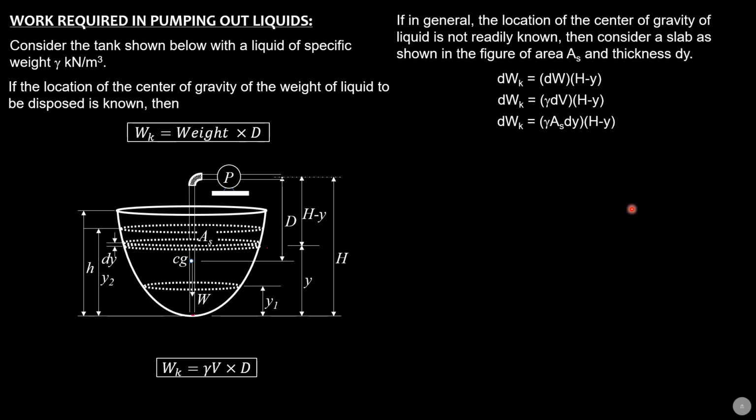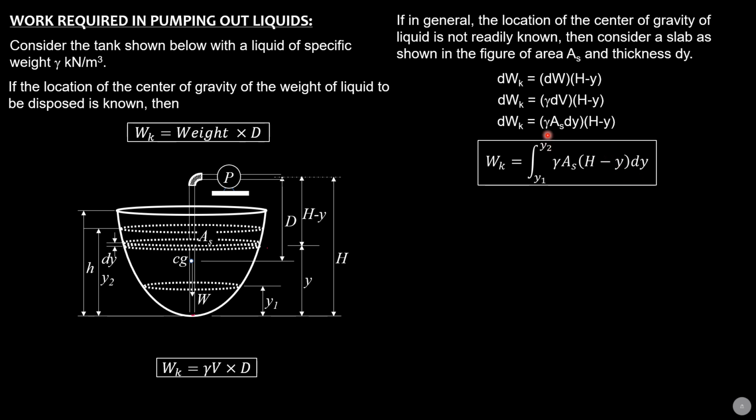So work is equal to, for example, if it is only this part that should be disposed of, the limit should be from y1 to y2. So work is the integral from y1 to y2 of gamma area S quantity H minus y dy. And do not memorize this. This is the general expression. You should be able to set up that integral without memorizing it.